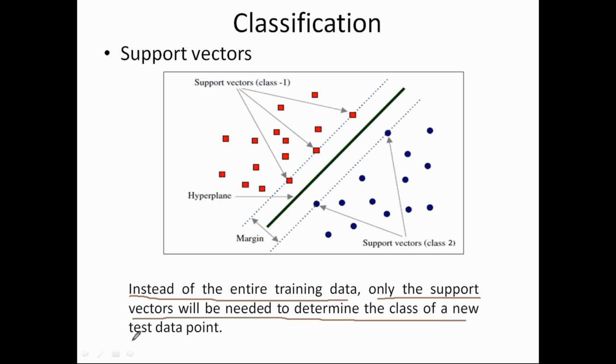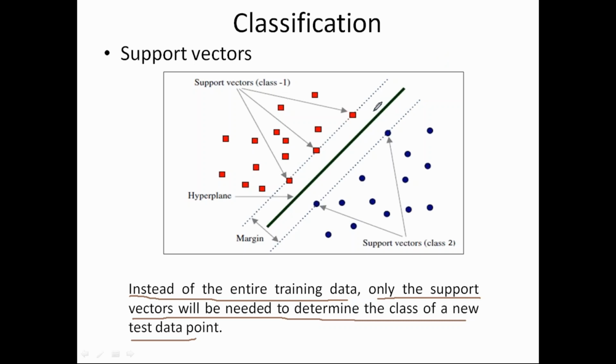Another benefit of this is, instead of the entire training data, only the support vectors are needed to determine the class of new test data. Like in KNN, if you remember, we needed to calculate the minimum from all the data points, and we used to take, say, k equal to 10. So we will be checking the 10 nearest neighbors, and all the points were taken into account there. Here the benefit is that SVM is fast in testing.